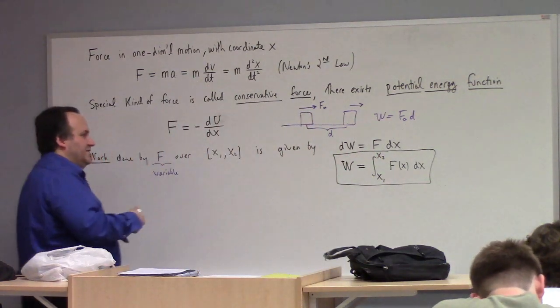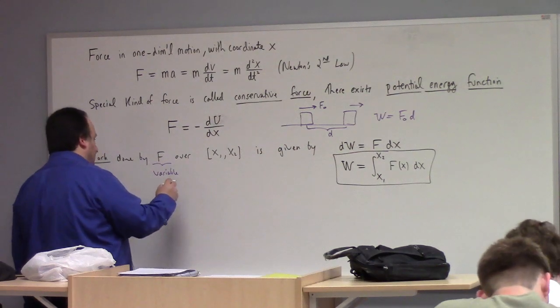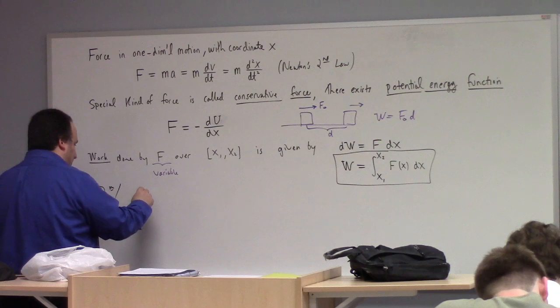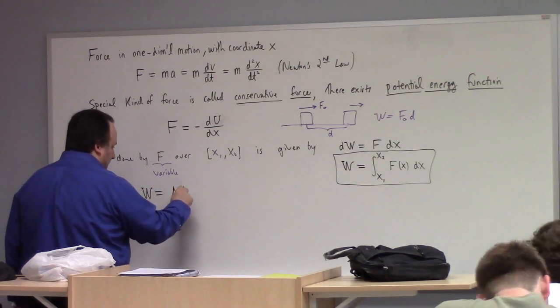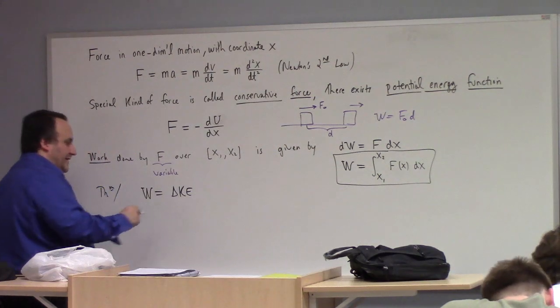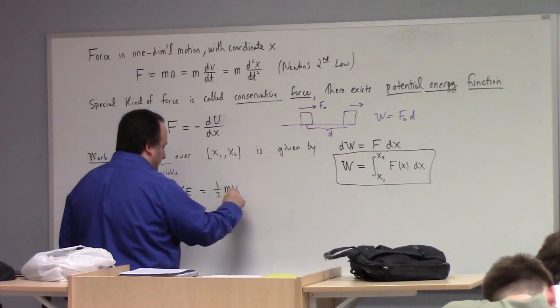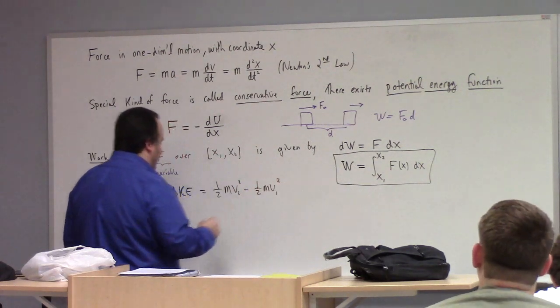What happens if the force is conservative, though? Check this out. There's also a theorem which says that the work done is equal to the change in kinetic energy. And that's 1/2 mass times the second velocity squared minus 1/2 mass times the first velocity squared.